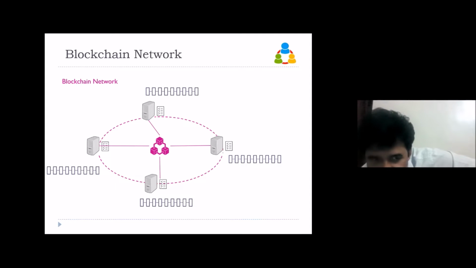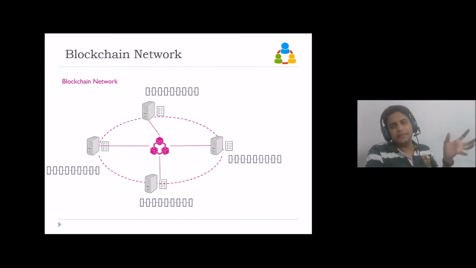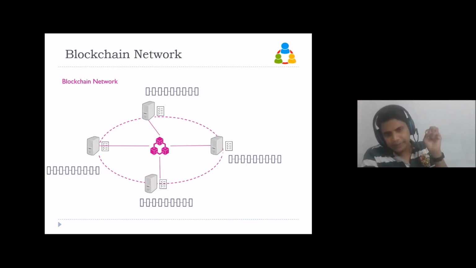You can become a part of the blockchain network if you have that blockchain software in your computer. You can very well connect to the blockchain network, but what people usually do is, through their mobile app, you have a blockchain application, and then that mobile application will be connecting to a computer which is connected to the blockchain network.